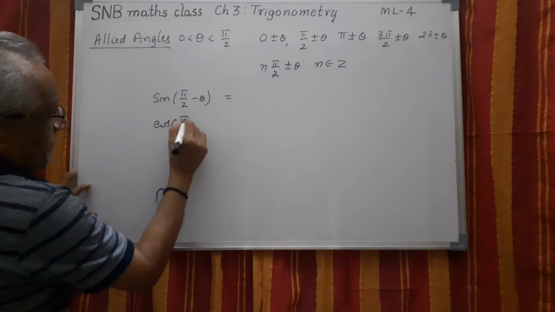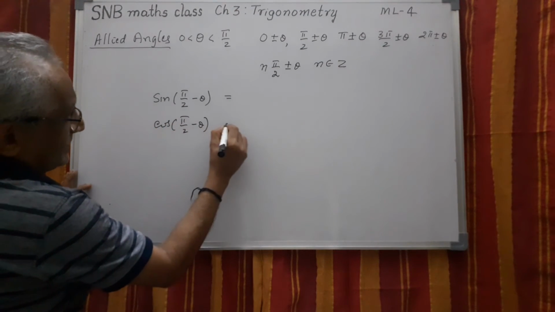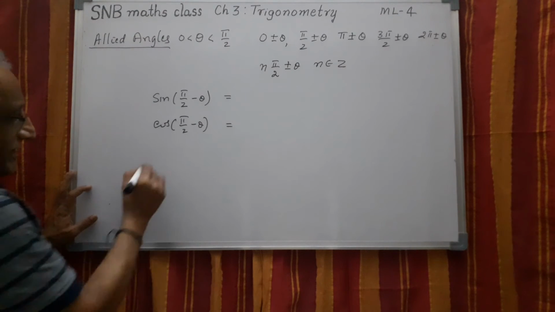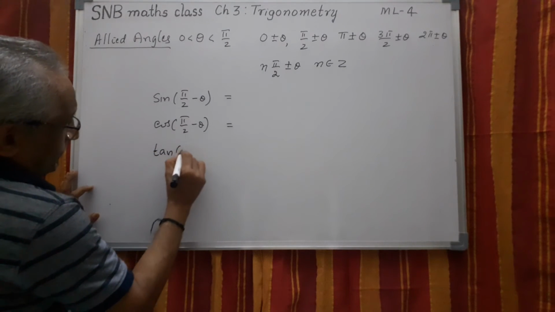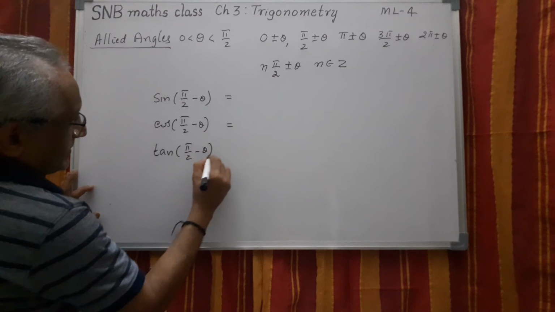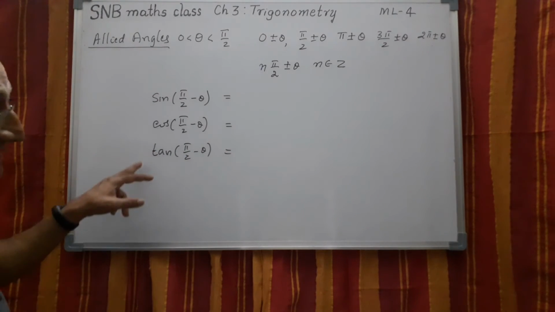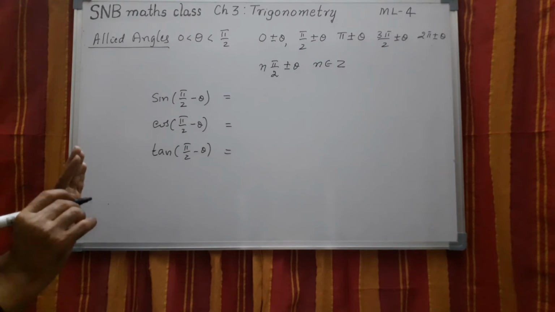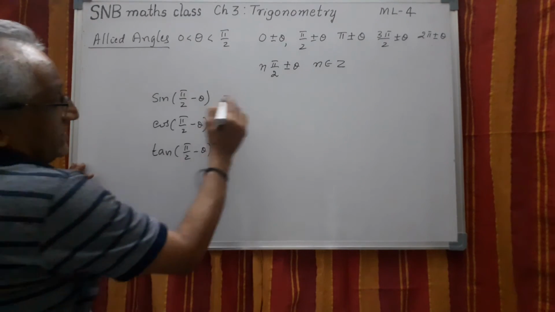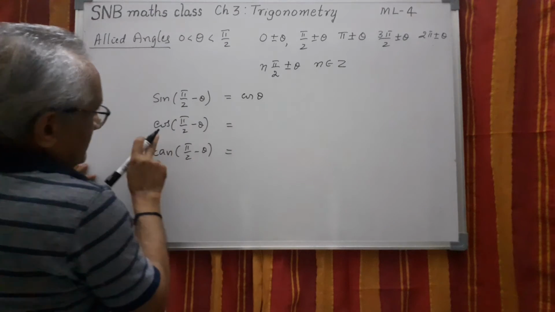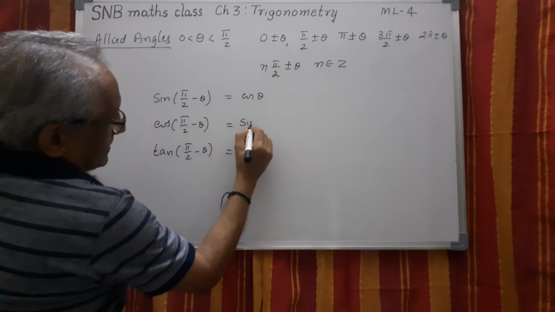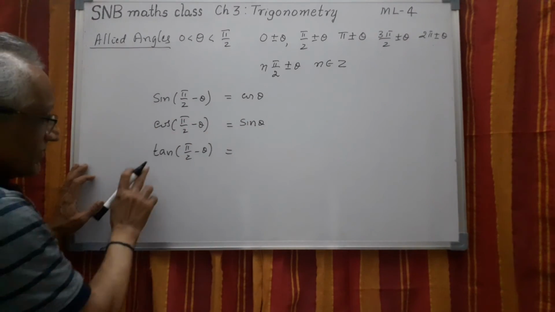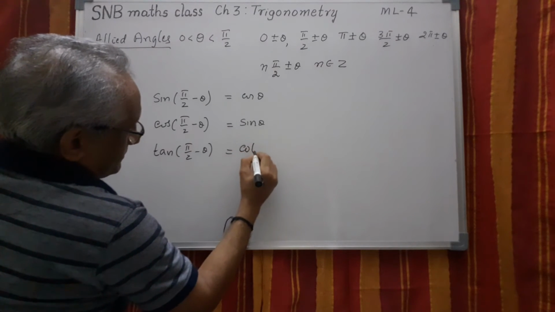Cos of pi by 2 minus theta, you can write what it is. Similarly, tan of pi by 2 minus theta, you can find. Writing this is called the allied angle rules. Of course, I will write it now. Sine of this one is cos theta. Cos of this one is sin theta. That's why they are called co-ratios. Tan is cot theta.